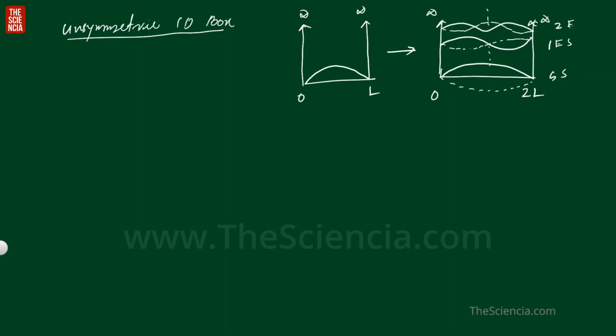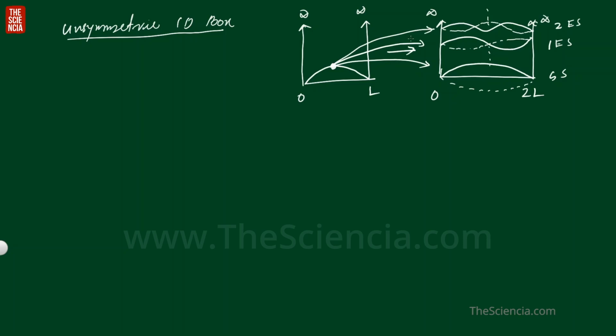When we are extending the walls, the particle in the ground state can occupy the ground state in the new box, or it can occupy the first excited state in the new box, or it can occupy the second excited state in the new box.